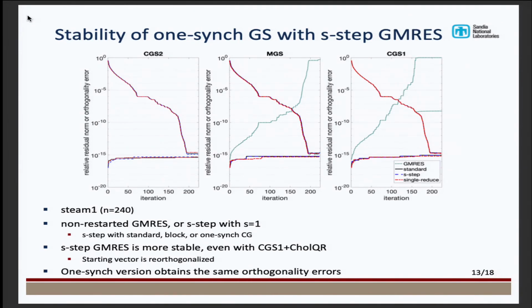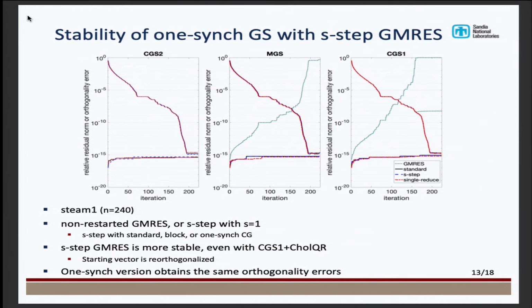So here are some of the numerical experiments that we did. Here I have CGS2, MGS, and CGS1 using different orthogonalization schemes. This green one here is just standard GMRES. And these three are the s-step using a standard orthogonalization where I'm just orthogonalizing one vector at a time.